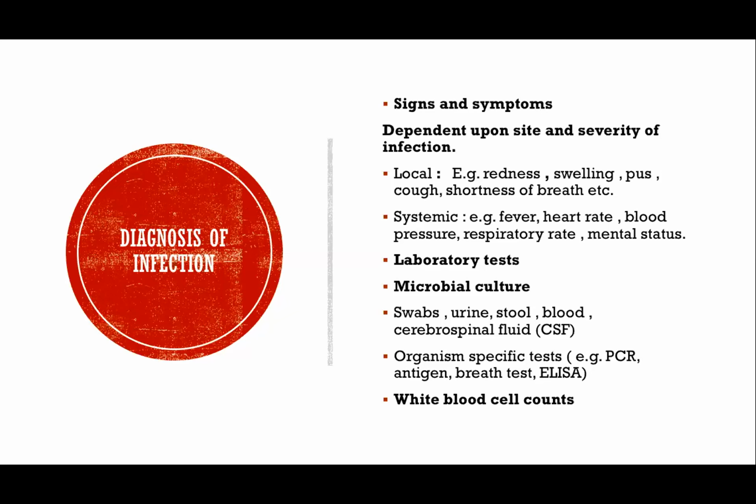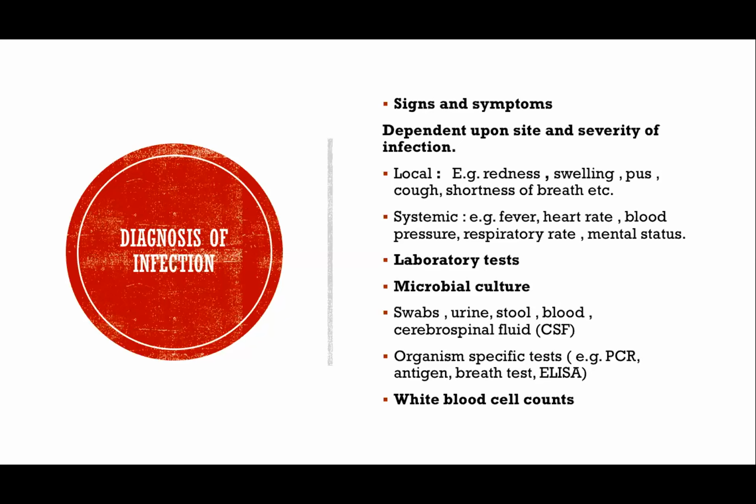Of course, there are laboratory tests to indicate the causative organism that can cause the infection, and that takes time. So usually we start empirical therapy to treat the most common causative organism.